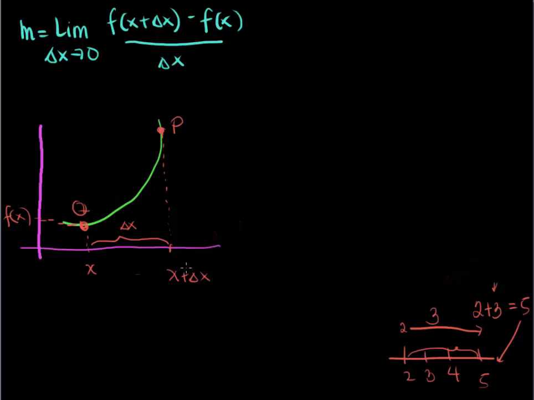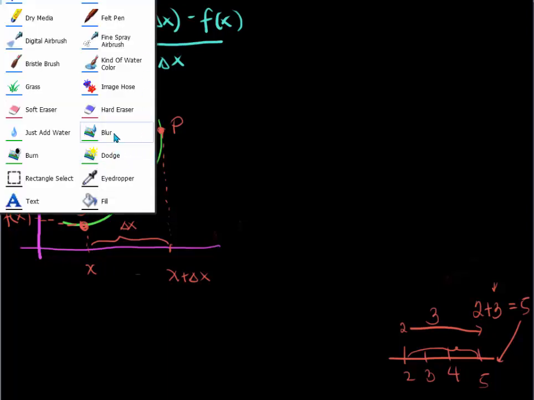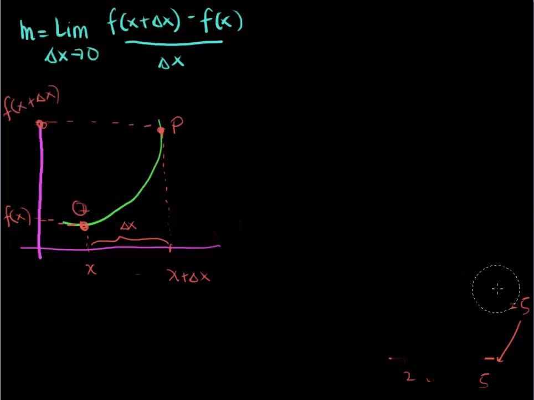So to get here is just the sum of this value and its distance from here to here. Now the corresponding function value of that somewhere here is actually f of x plus delta x. Let me erase the example that I have here. There you go. Okay, are we still following?